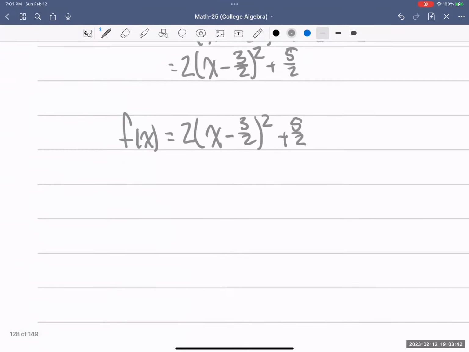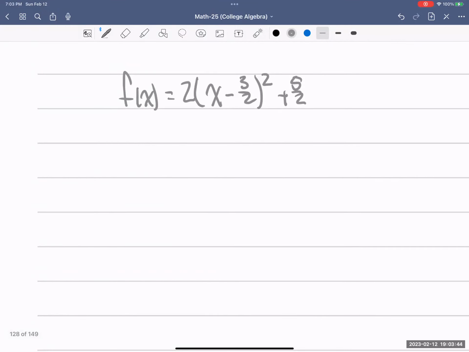And from our transformation of functions section, our vertex is just where we shifted left and right, up and down. So h here is going to be 3/2 because we already have the minus, comma, k is 5/2.